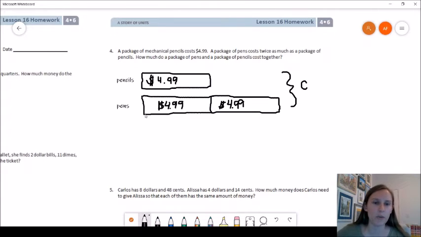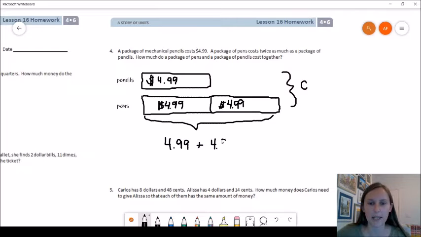So we want to figure out first how much the pens cost, because in order to figure out how much they cost together, I need to know how much the pens cost to be able to add that to the pencils. So we have $4.99, which is 4.99 of a dollar, and then another 4.99 of a dollar, because it says that the package of pens costs twice as much.